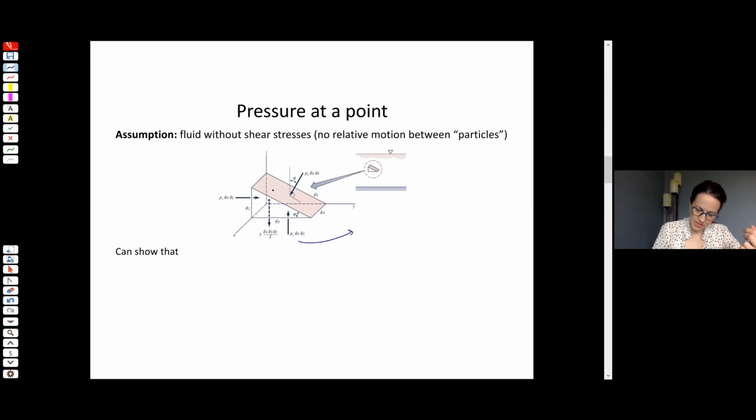So the fluid element is delta x long along the x-axis, and delta y long along the y-axis, and the same along the z-axis. So it's the length of the element.